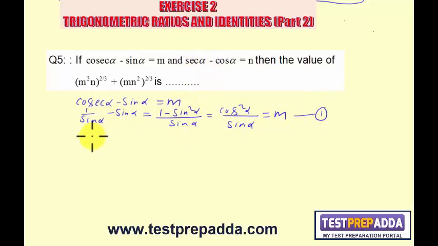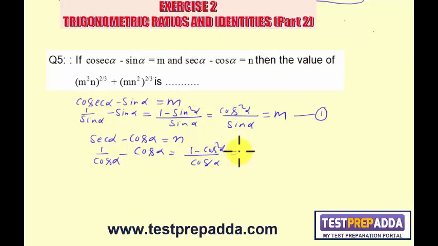Now sec alpha minus cos alpha is equal to n. In a similar manner, I write sec alpha as 1 upon cos alpha, because sec alpha is the reciprocal of cos alpha. Here again take cos alpha as LCM, it will become 1 minus cos square alpha, which we can write as sin square alpha upon cos alpha, is equal to n. Number 2.